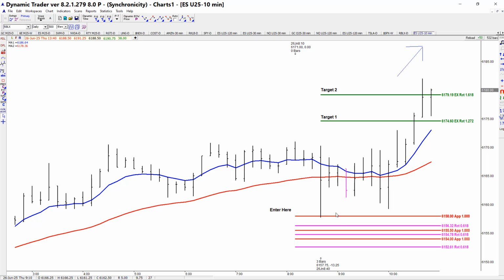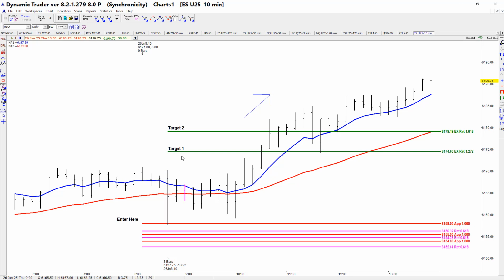Now, if you have enough wiggle room to risk the whole area of support, you can do that. But what happens is client enters here at 61.58 and it starts to take off.